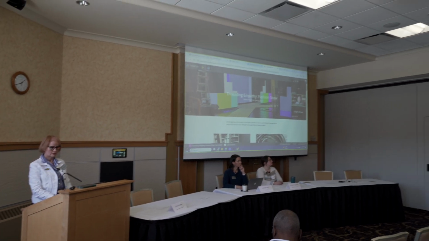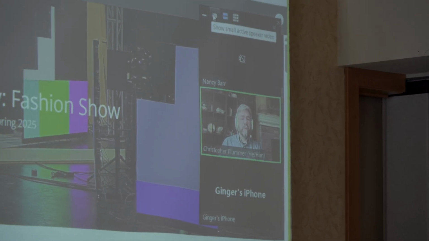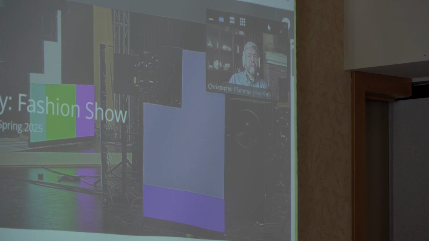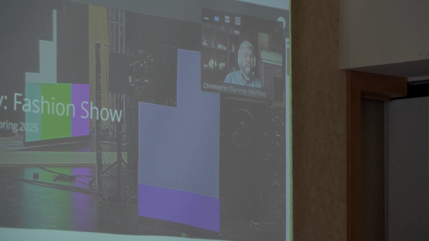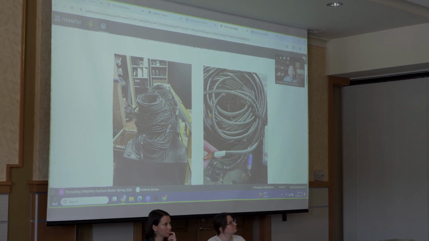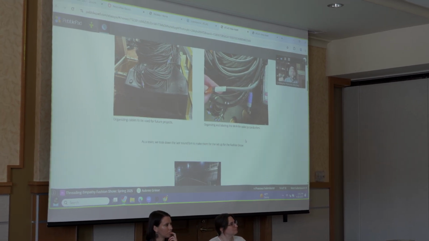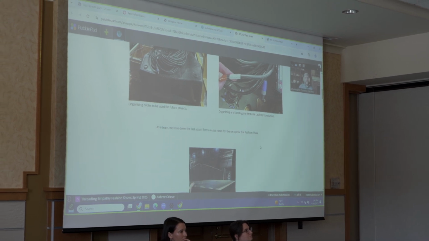They also do hands-on work every semester, and so this is a student's project for a fashion show. And you can see that they're documenting things with photos, they're commenting on those, talking through that process, and sort of recapping it. This is a recap at the end of the semester.